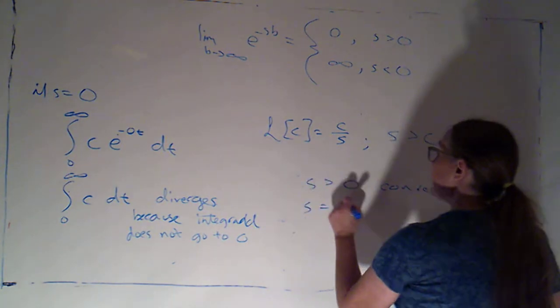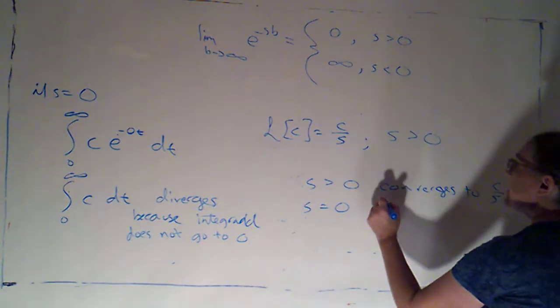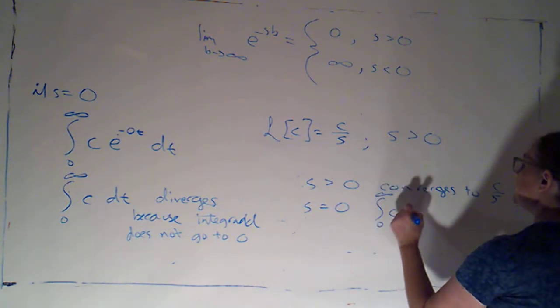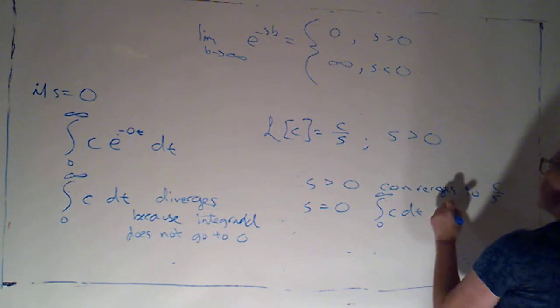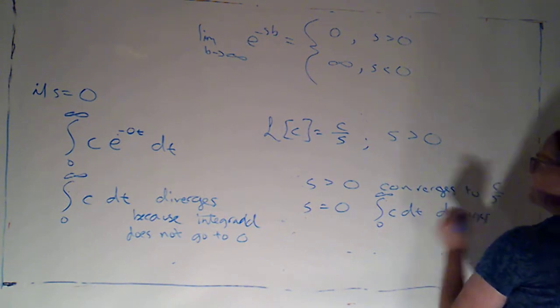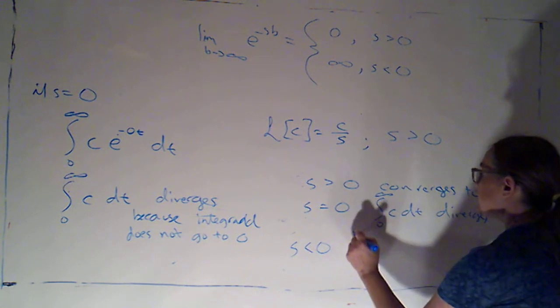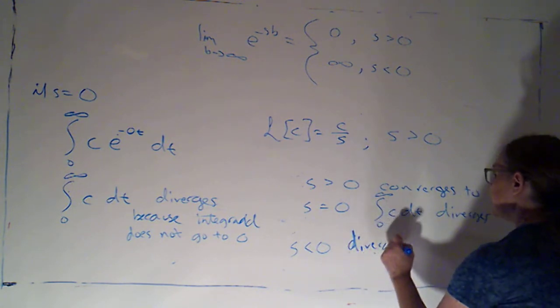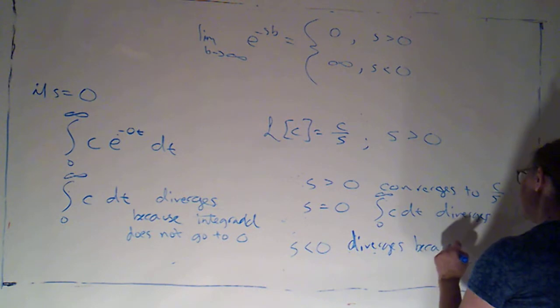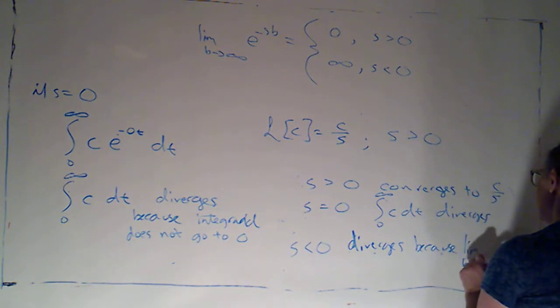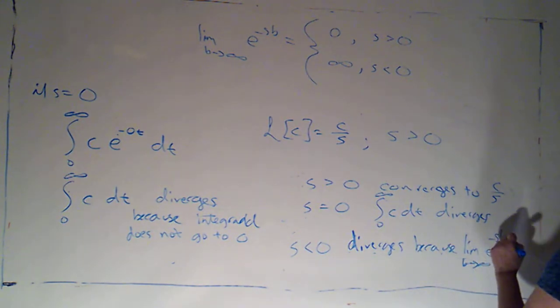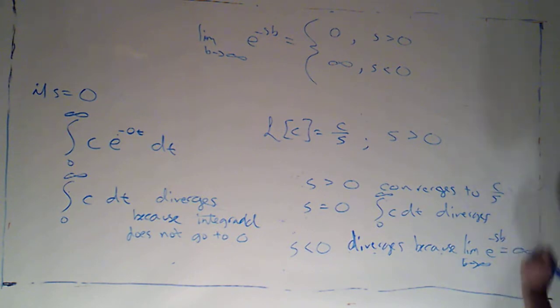If s was equal to 0, we get the integral from 0 to infinity of c dt, which diverges. And if s is less than 0, we get that it diverges because the limit as b goes to infinity of e to the negative sb is equal to infinity.